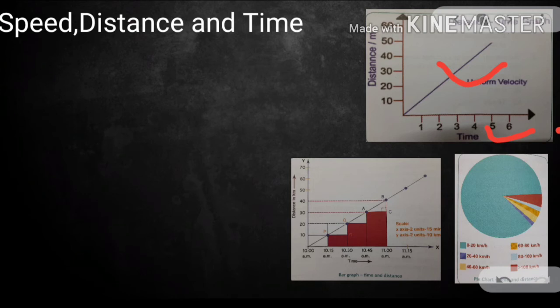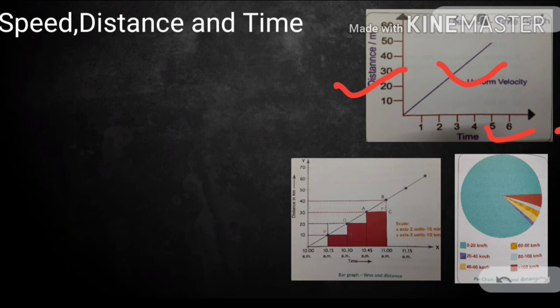Then on the vertical line you can see the distance per minute. So when an object is moving at a steady speed, the line on the graph is a straight line, but with a slope.